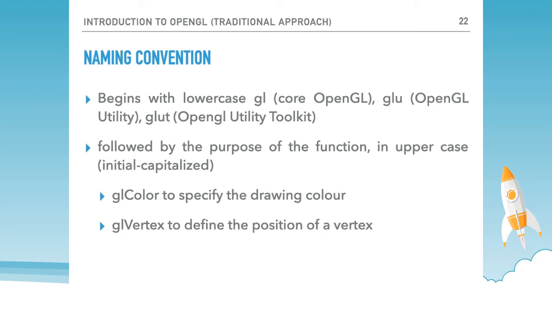Then it is followed by the purpose of the function, and you have to write the first letter in uppercase, as shown in this example. glColor is from the core OpenGL library, and this function is used to specify the drawing color. glVertex is also from the core OpenGL library. It is used to define the position of a vertex.